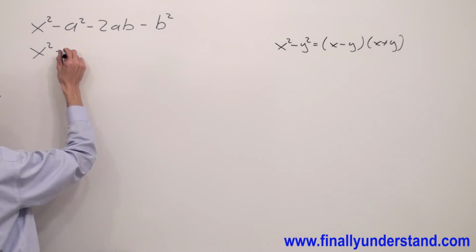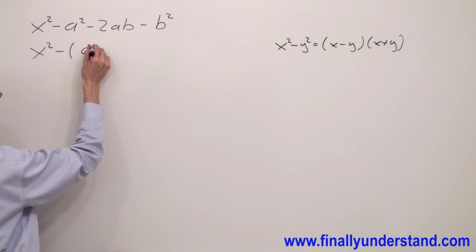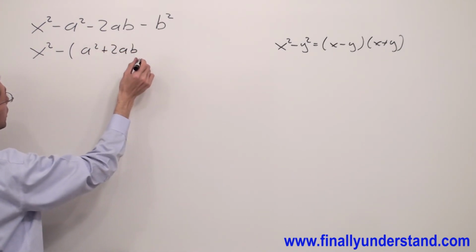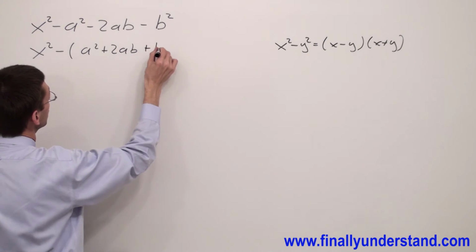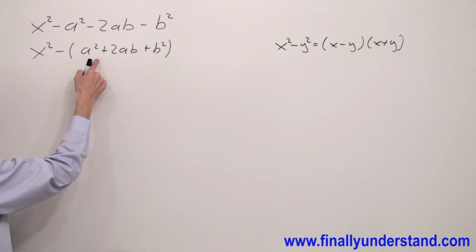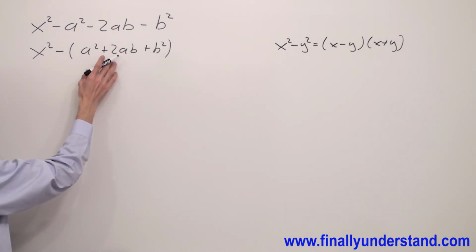Inside of the parentheses, I'm going to have a squared plus 2ab plus b squared.